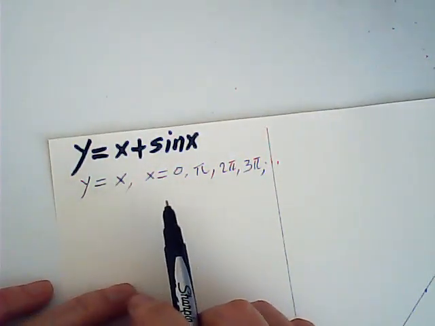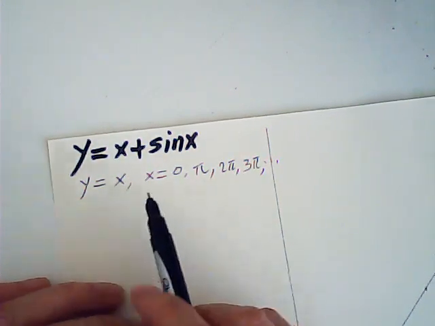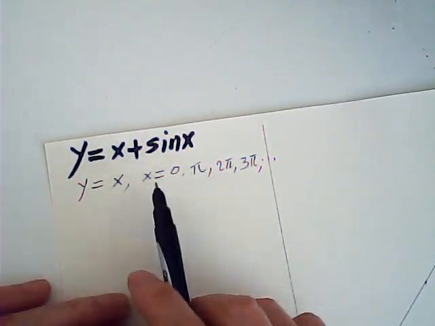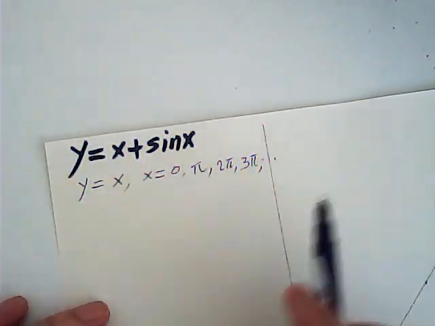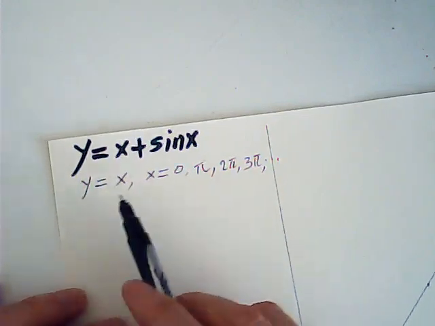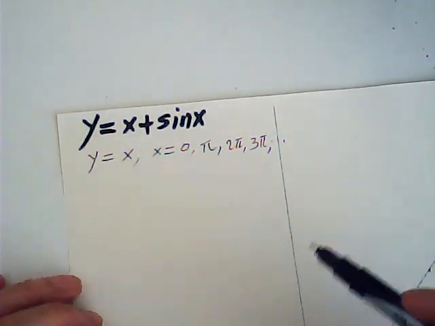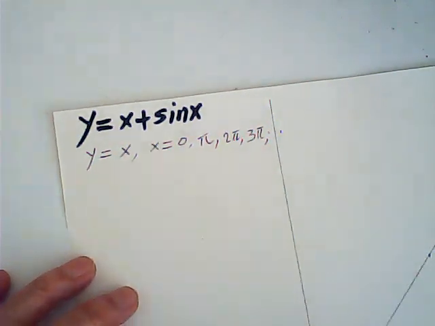Now we are not considering negative values because this is an odd function. So we just sketch the half of it, all positive real numbers. The other side is just symmetric with respect to the origin, right?